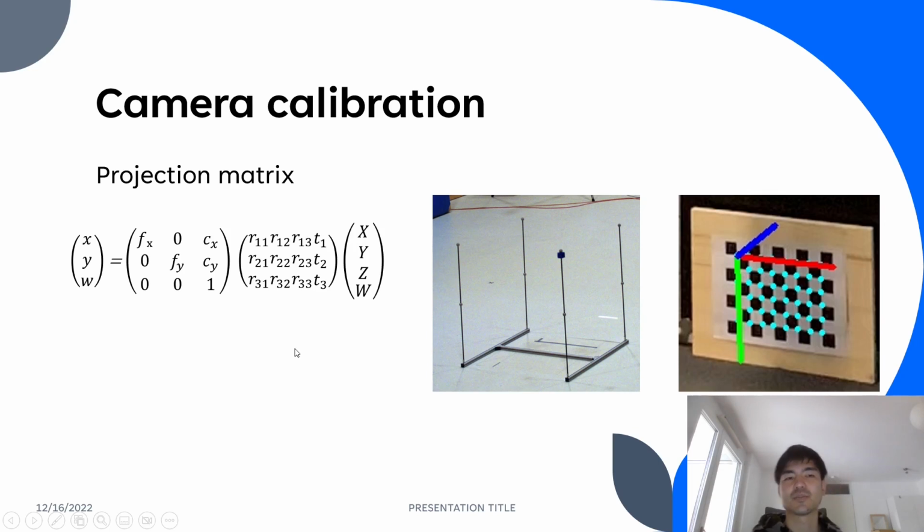There are many ways to calculate it, but mainly two different ways. The first one is using the checkerboard. The advantage of using a checkerboard is you can calculate the extrinsics, intrinsics, and distortion parameters at the same time.